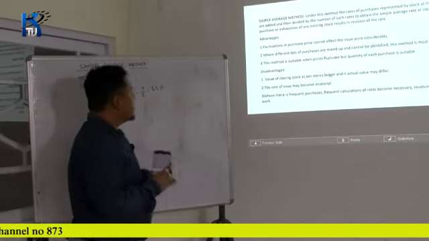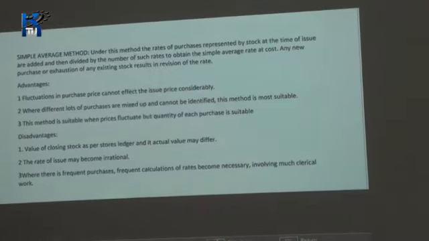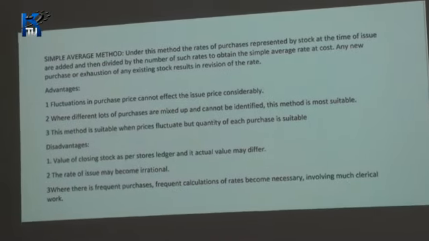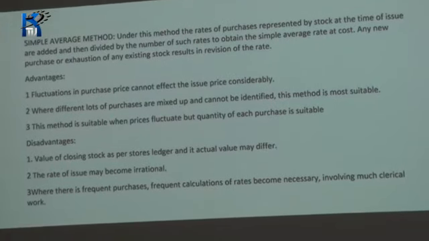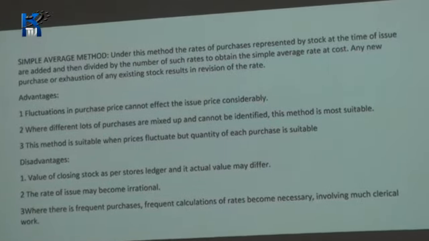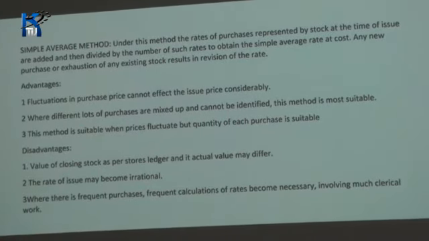Again, let's go through the disadvantages. First disadvantage is that the value of closing stock as per stores ledger and the actual value of the materials will differ. Sometimes the stores ledger value will show a higher balance, thereby deriving profit from the stores. Sometimes the actual balance may show a lesser amount where there is a loss of materials.